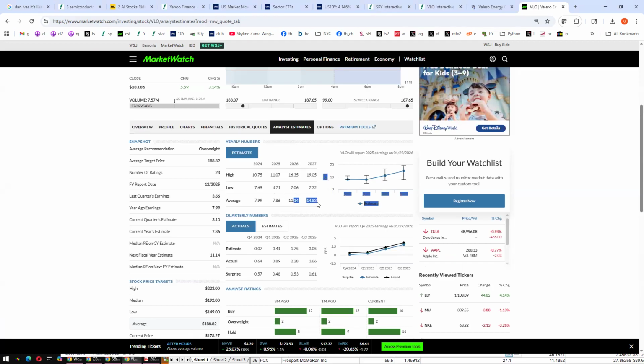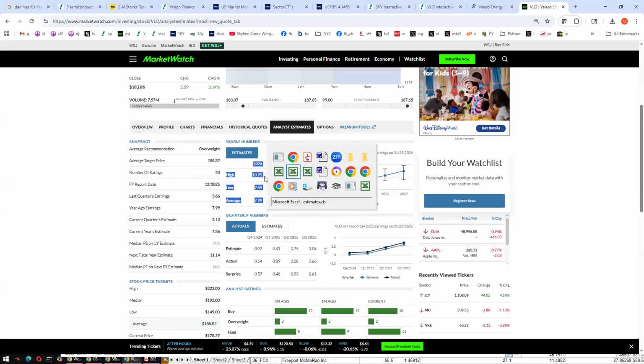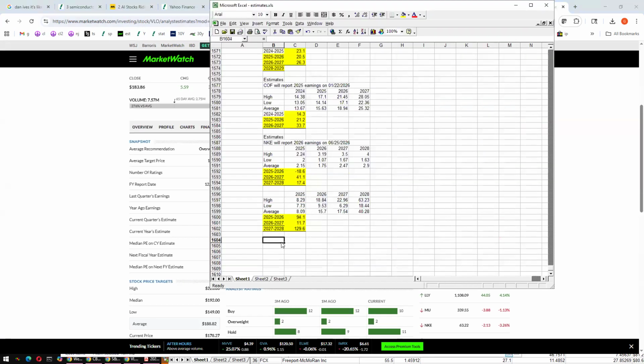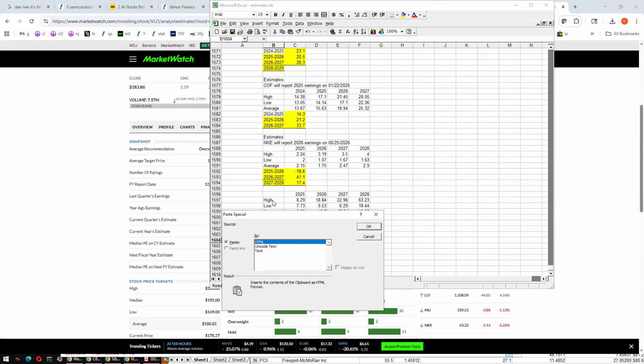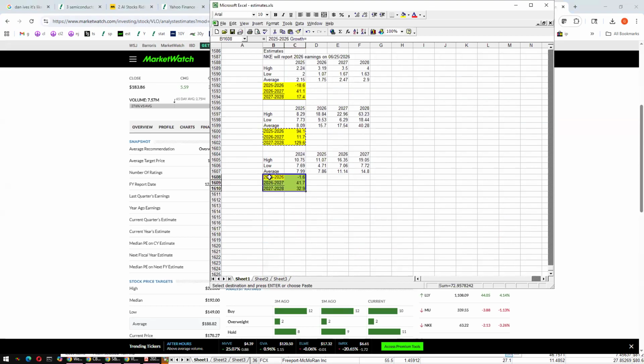I have a little calculation, a formula. So hold on. Okay, you can see that they had negative earnings from last year to this year.